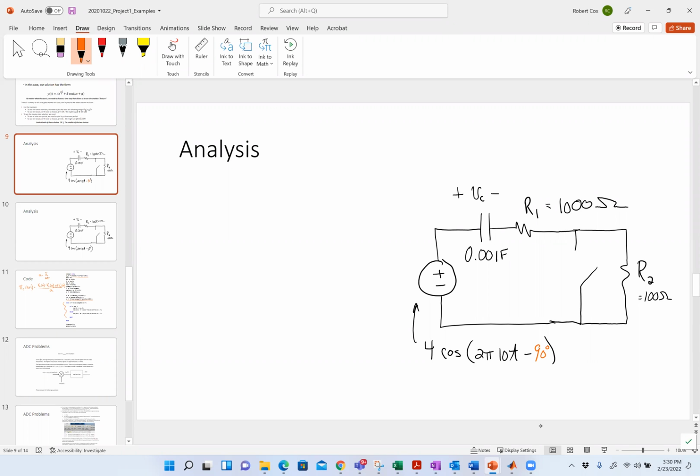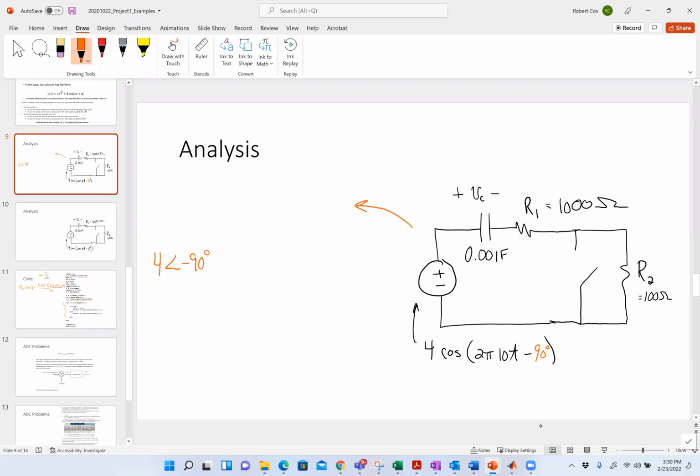So my way of thinking about this is I redraw the circuit and I have 4. Sometimes the e to the j confuses people. When I teach 2112, I don't use it. I just say you'll feel more comfortable if I make it negative 90 degrees. So it's 4 with an angle of negative 90.